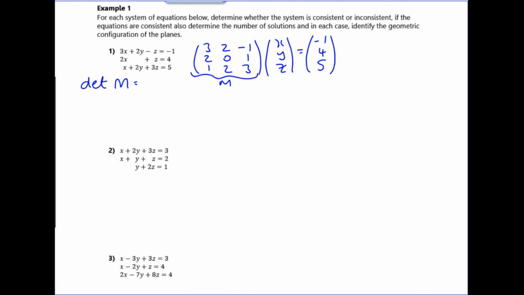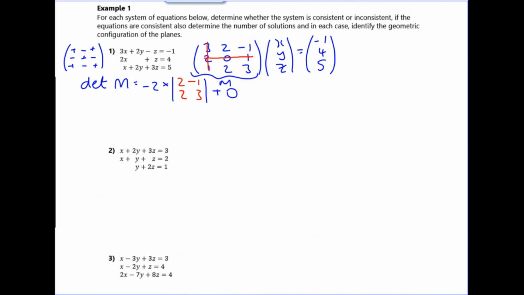So if I do the middle row, cross out the row that 2 is in, cross out the column that 2 is in, and do 2 times the remaining determinant. Notice that I've made it minus because of the plus minus pattern, it's in a minus position.